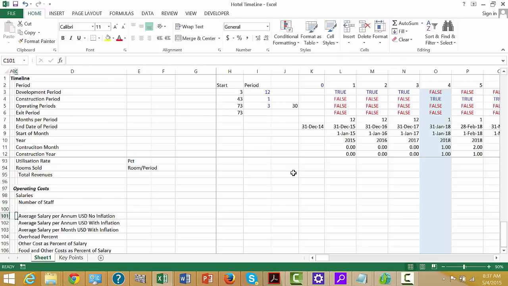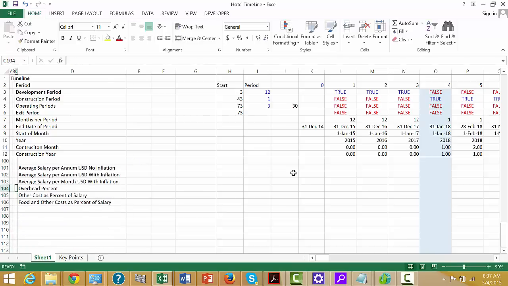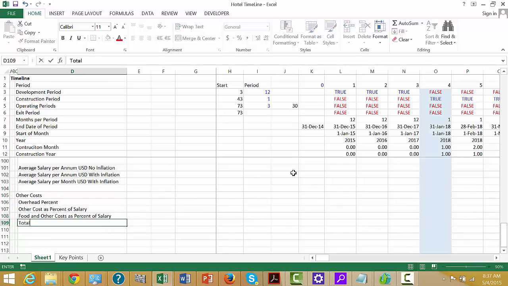And then underneath salaries, let's put other costs. And maybe a line. Then we can put total percent, and then total cost. And then we can have total other costs, and then total costs.